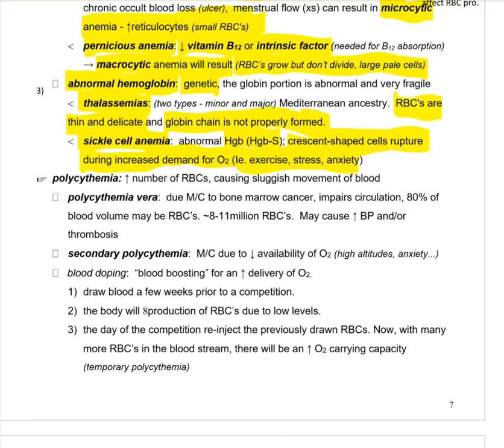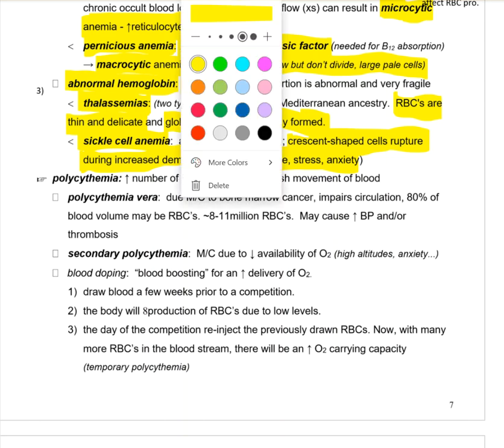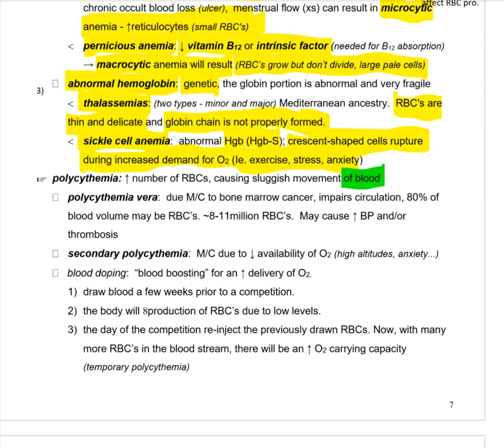All right. Now, so those were all low red blood cells. Now we're going to get to polycythemia. Polycythemia is the opposite. It's an increased number of red blood cells, causing sluggish movement of blood. Polycythemia vera is one type.